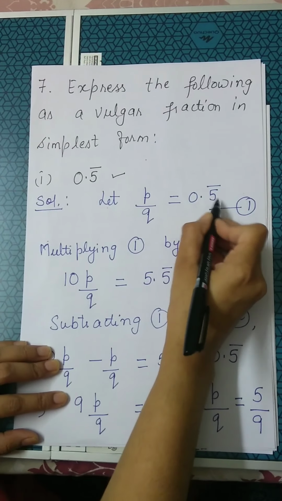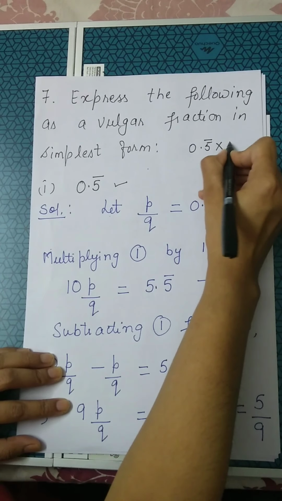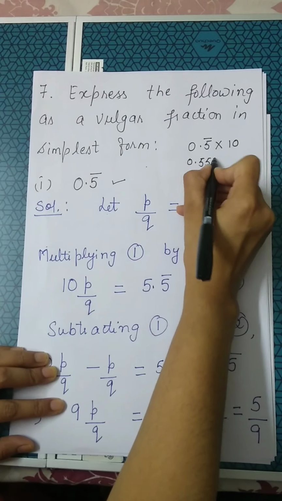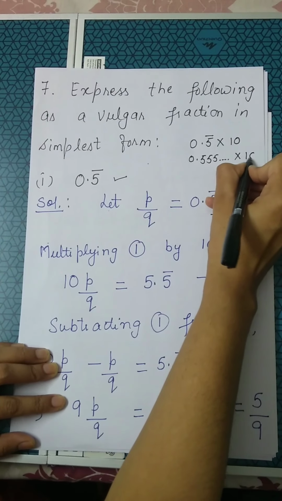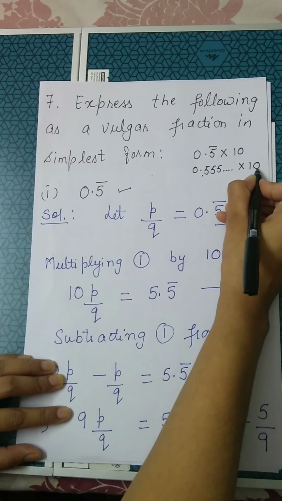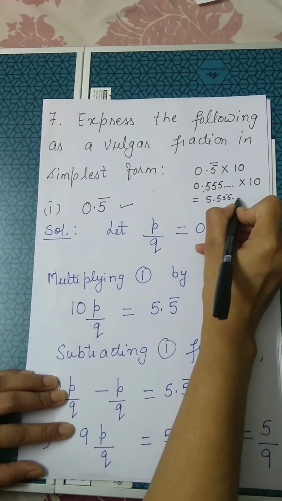Now if I multiply this 0.5 bar by 10, 0.5 bar means 0.555 and so on, multiplied by 10. When you multiply this decimal number by 10, you will get 5.555 and so on.